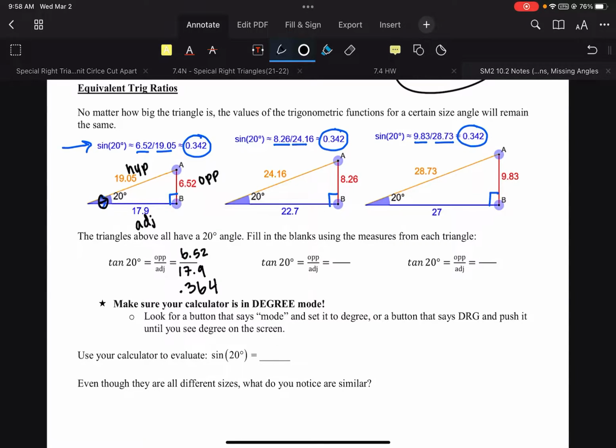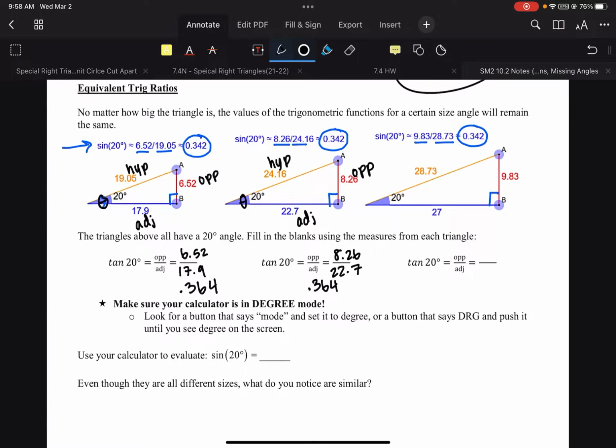All right, next triangle, we're going to use the same 20 degrees for my theta. We can label opposite, adjacent, hypotenuse, and the tangent will be 8.26 over 22.7. Let's put that into our calculators. And we get 0.364 again.